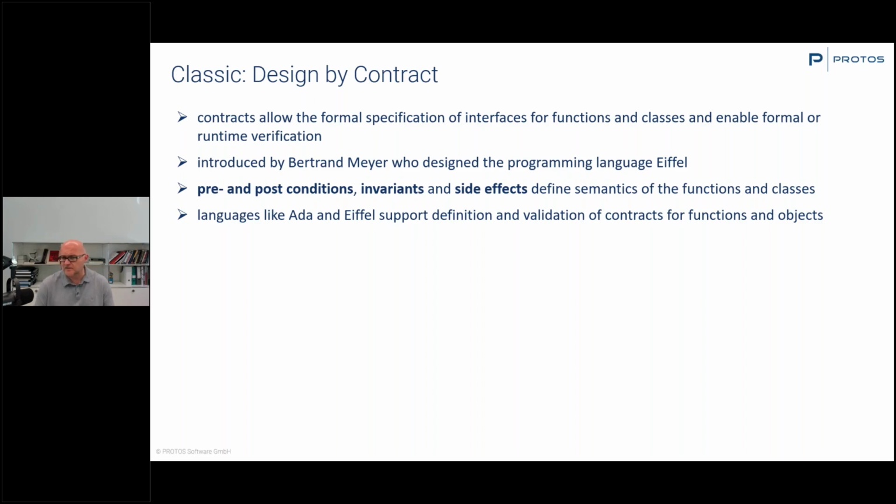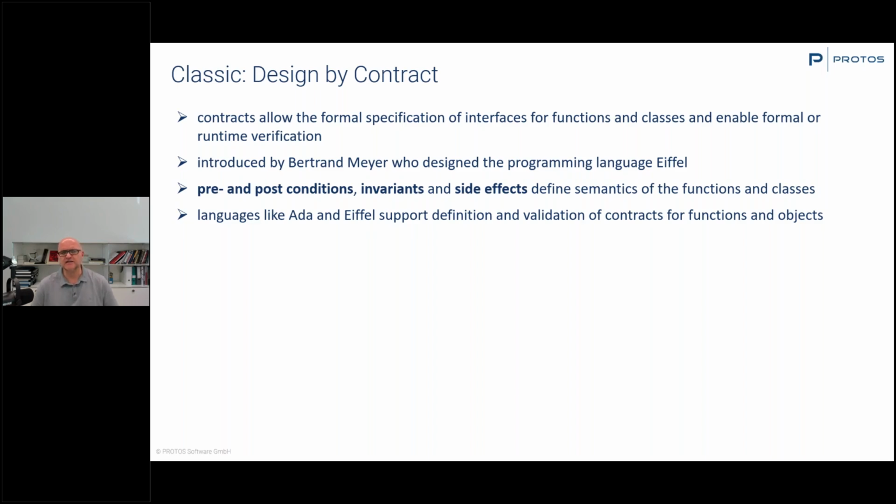So on a class level, on a function level. So it's basically a formal specification of interfaces for functions and classes. And it can be theoretically verified formally or during runtime, depending on the mechanisms you have, on the languages you have, and so on.